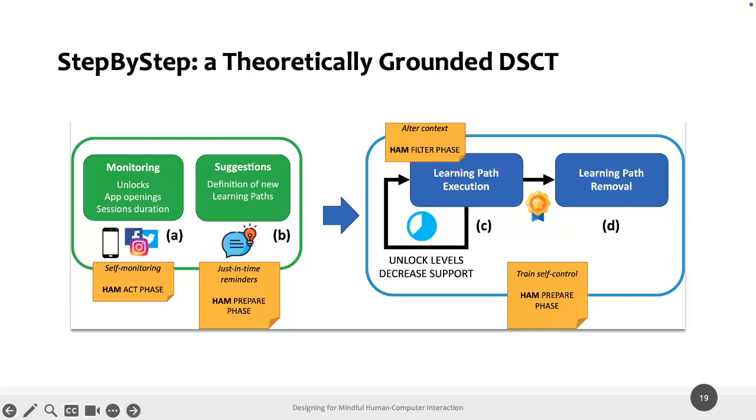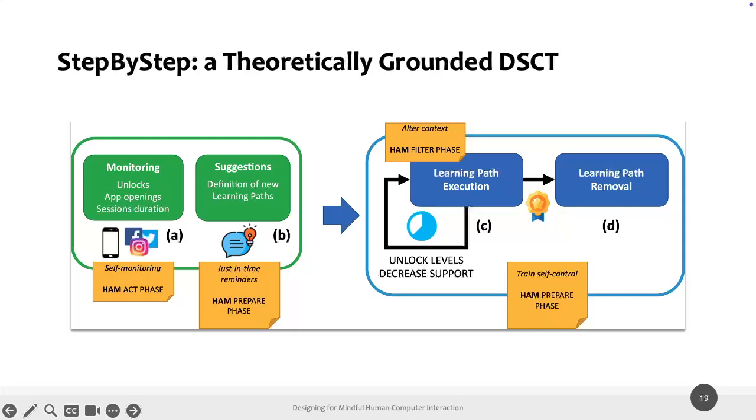What is a learning path? It's a sort of game in which there is an intervention, but the intensity of this intervention is progressively reduced based on the achievements of the user.